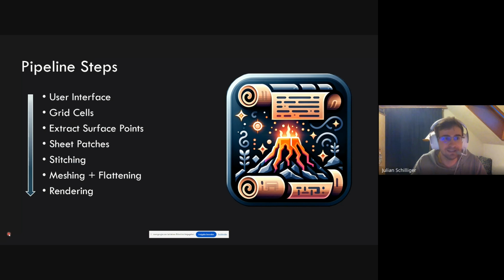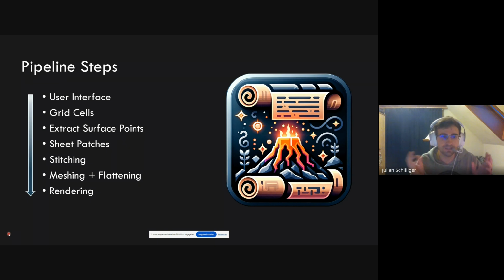And then the pipeline really starts with grid cells that get generated at the right resolution. From there, we extract the surface points, which then form a point cloud that shows the surfaces of this scroll. And well, we can see it at that point, but the computer just sees points. So we need to somehow, again, get the connectivity information in there, which we do by extracting small sheet patches.